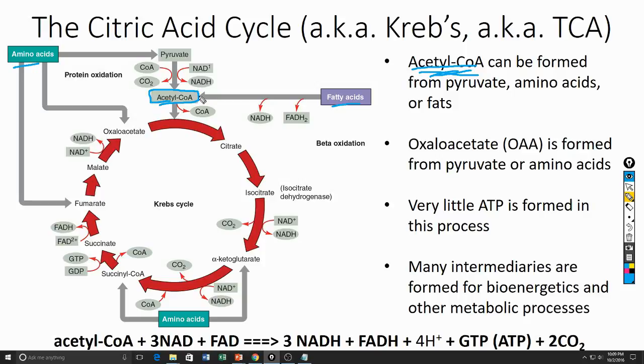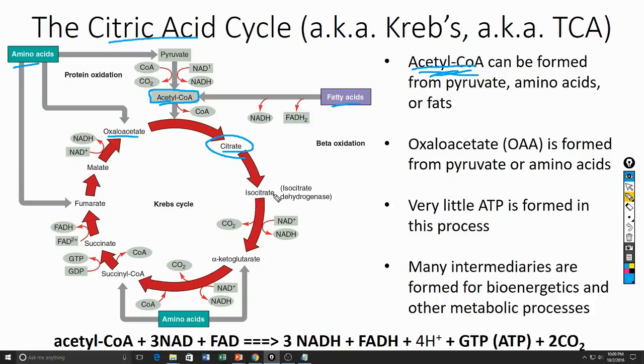Once this acetyl-CoA comes into the cycle, it combines with an oxaloacetate molecule and forms citrate. That's the first step, and once again, why you're getting this name. Now, through this process, you're getting a bunch of intermediaries. This is kind of like a metabolic master key reaction.